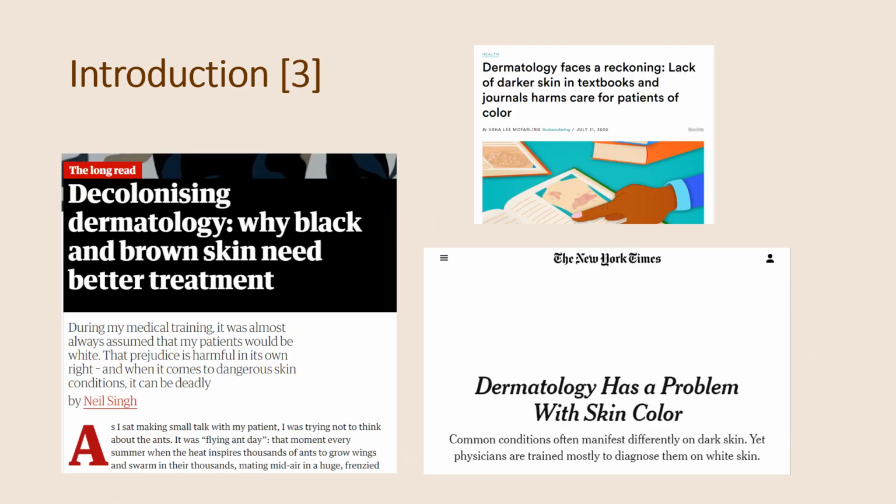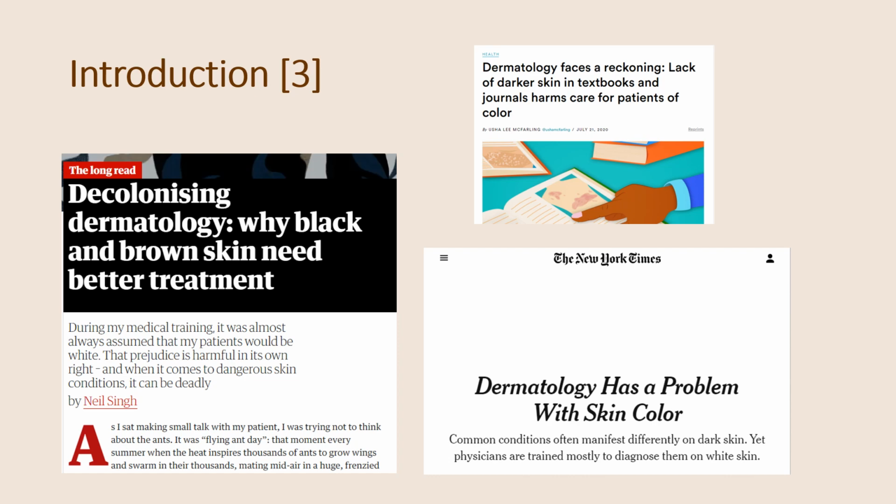There have been multiple articles published in the media looking at the lack of training and awareness of skin conditions in skin of colour. This slide just highlights a couple of articles that I've come across. So an article from The Guardian on the bottom left, Decolonizing Dermatology, Why Black and Brown Skin Need Better Treatment.